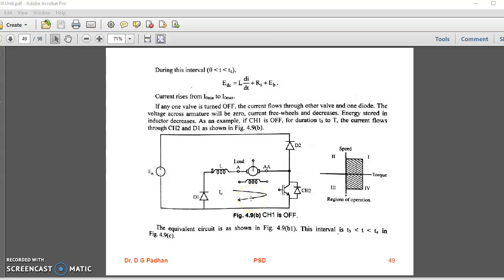As an example, if chopper 1 is off, during the period T3 to T, the current flows through chopper 2 and D1. This is shown in this figure.